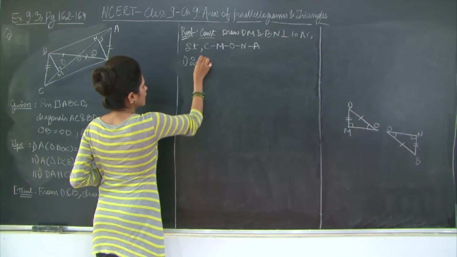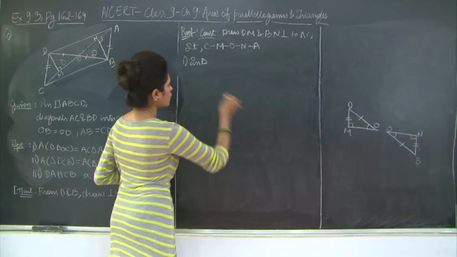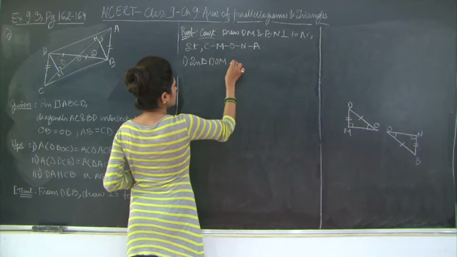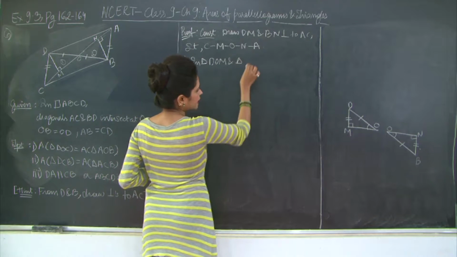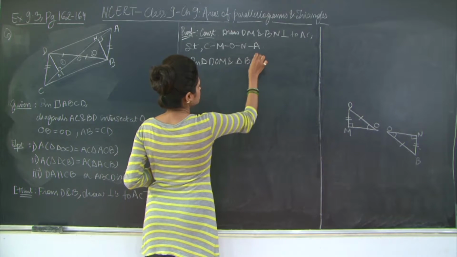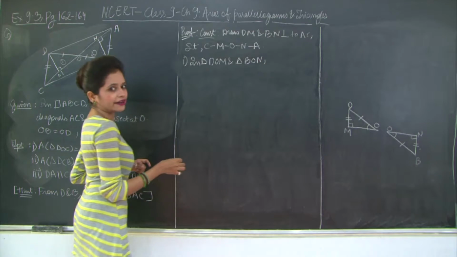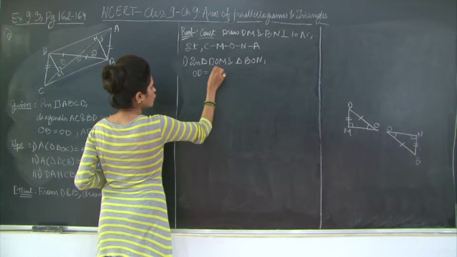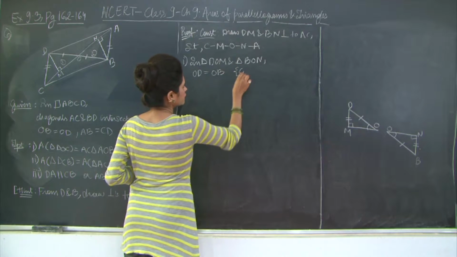Now, in triangle DOM and triangle BON, what do I have? OD is equal to OB, it is given.